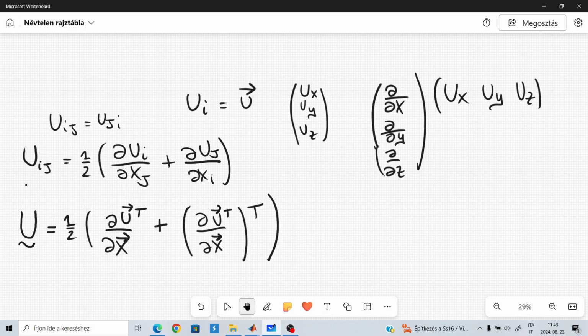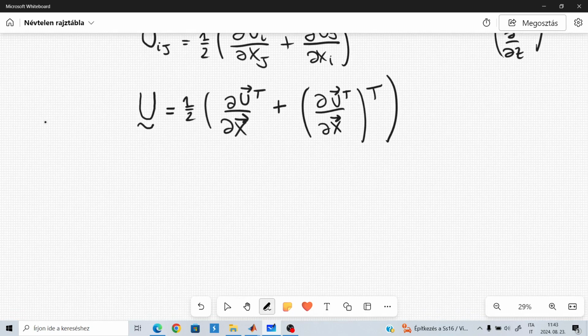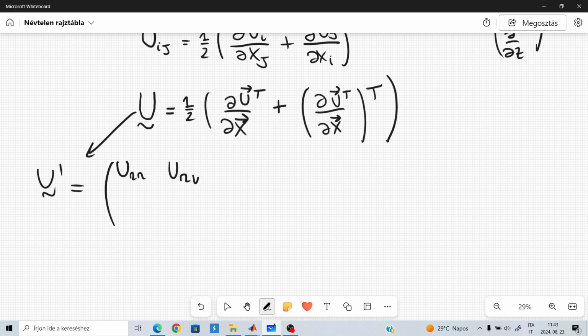Now, this is the definition in Cartesian coordinates. How do we switch from Cartesian to another reference frame? What I'm really interested in is the object U prime in spherical coordinates, which is defined as U_rr, U_r theta, U_r phi, and so on. This would be U_theta r, but it is symmetric, so I can still write U_r theta, or U_theta r, it's the same. Then U_theta theta, U_theta phi, and then you get the idea.